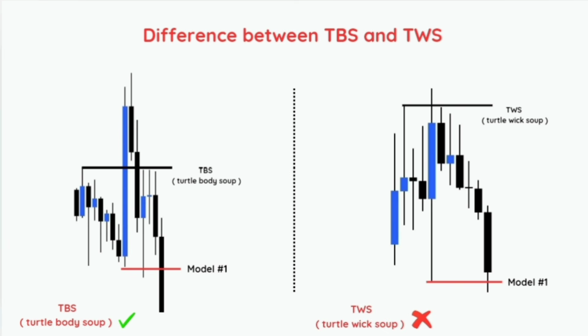The turtle soup has happened with a body close candle, and that is called TBS, which means turtle body soup. And now look carefully at the image on the right side. The turtle soup that happened with wicks is called TWS, which means turtle wick soup.